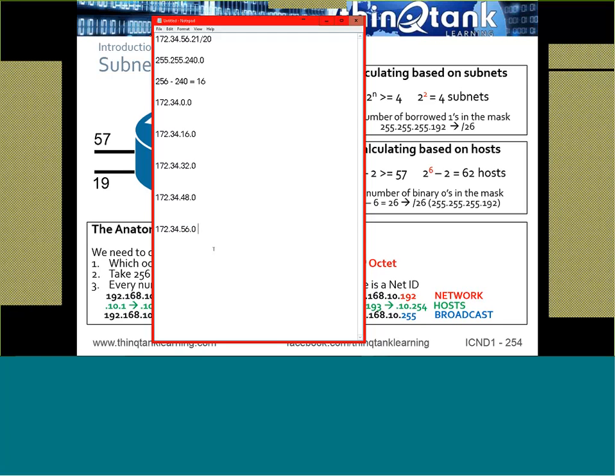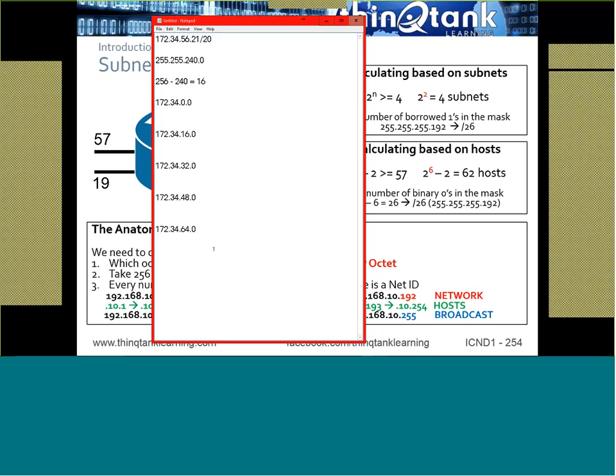I did my math a little bit wrong earlier. 64? Yeah. 48 plus 16 is not 56. 48 plus 8 would be 56, right? We're doing blocks of 16. So I recognized in my head, oh, a 240, that's a block of 16.